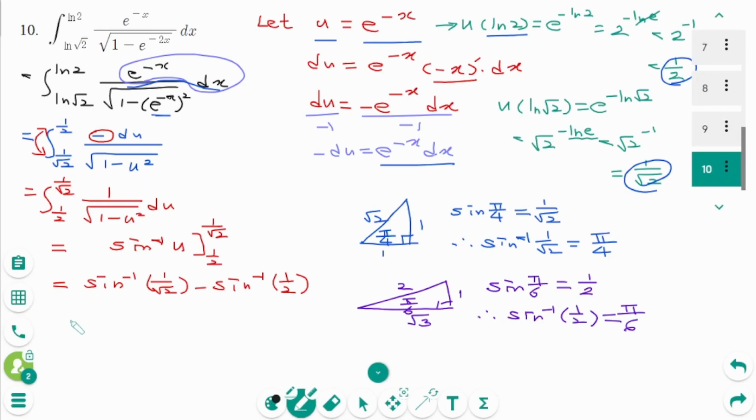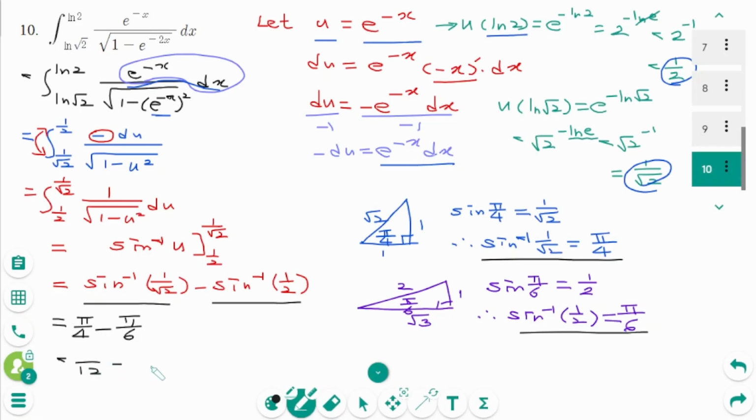Then back to the original. The first one is pi over 4 minus the second one is pi over 6 equals, make the same denominator, which is 12. The numerator is 3 pi and 2 pi. And the final answer is pi over 12.